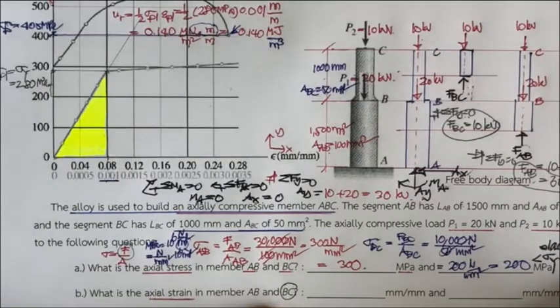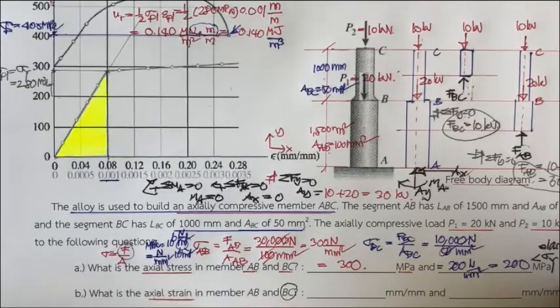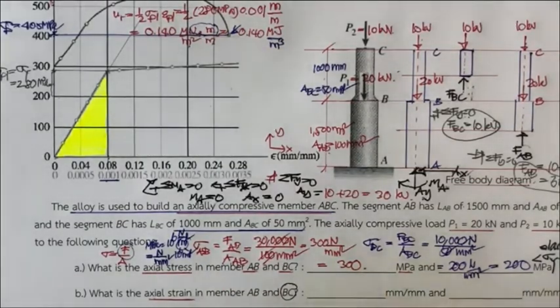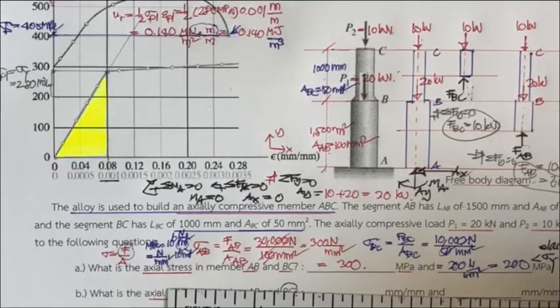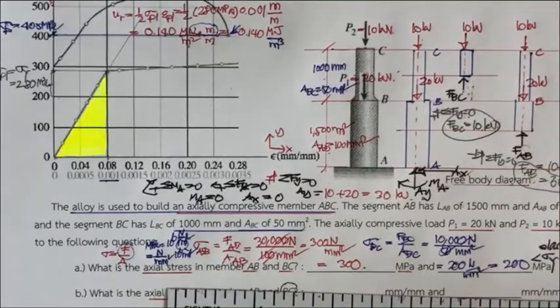If you do that, the strain of this is going to be equal to 200 megapascal divided by E. If you may recall, E is 280 gigapascal, so it's going to be 280 times 10 power 3 megapascal.